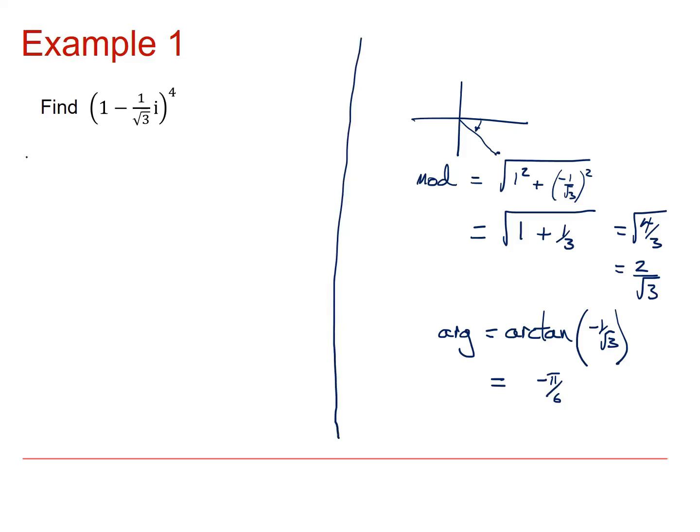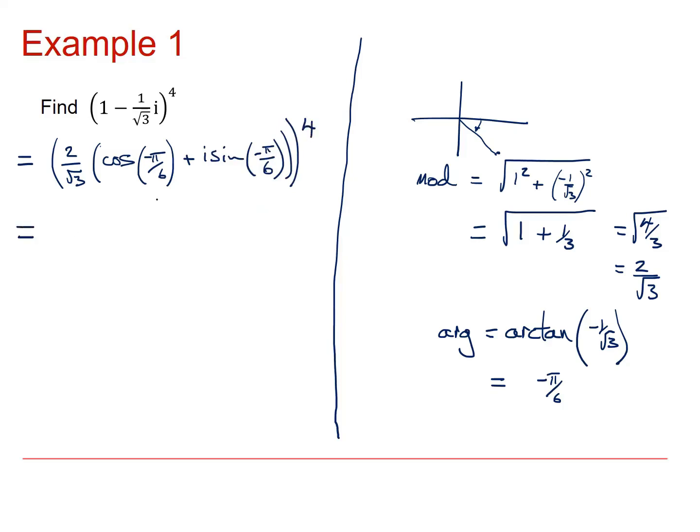So this thing is going to become 2 over root 3 times cos of minus pi by 6 plus I sine of minus pi by 6, and that's all to the power 4.